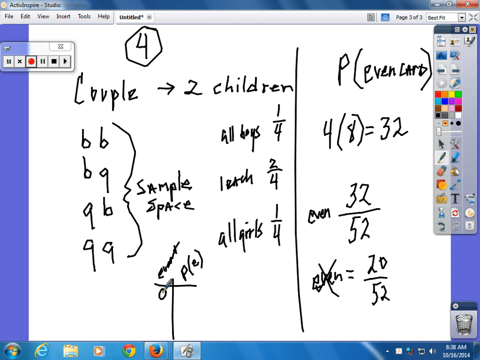It would be 0.25. 1 girl would be 0.5. And then all girls would be 0.25. So that right there is chapter 5.